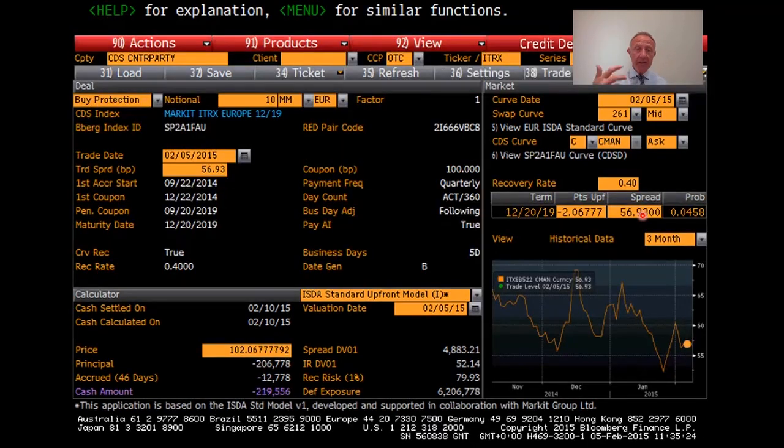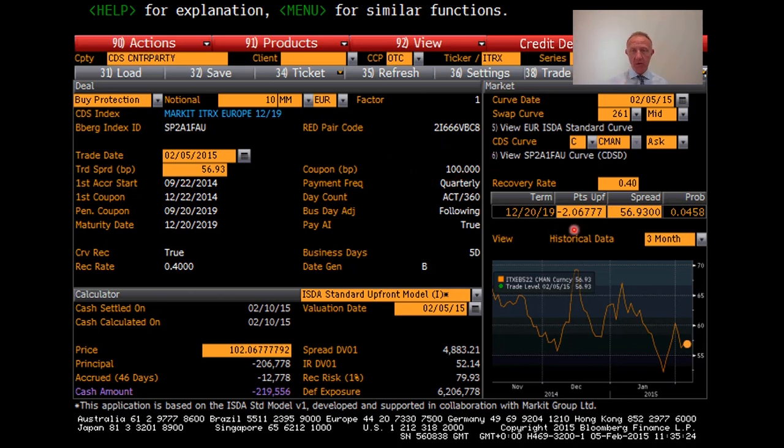Now, we do have single name CDS, but we also have index CDS, and the most common is called iTraxx here in Europe. It is a CDS contract based on 125 names in Europe for the main contract, and they would all be investment grade names. For this contract, we're paying, because it's investment grade, 100 points a year.